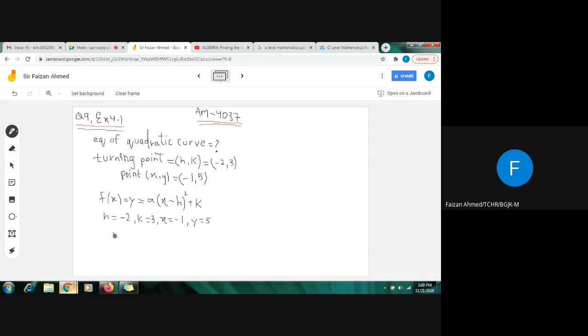y is 5, so I will start with 5 equals a, since I have to find the value of a.